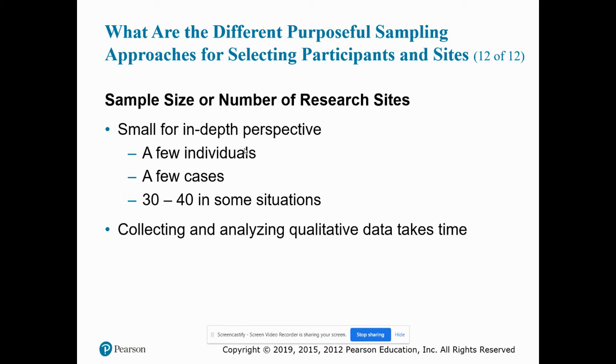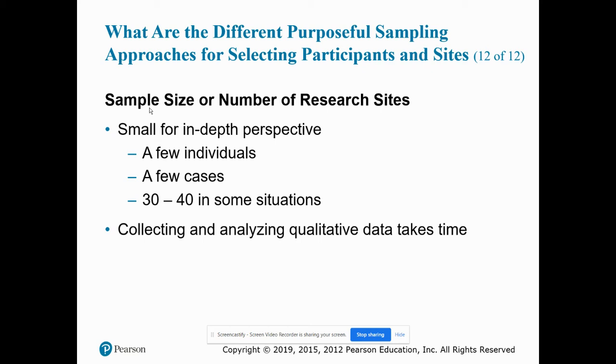Size or number of research sites. So now when you're trying to find research sites or a sample size, you're going to start with small for in-depth perspectives. It's just a few individuals, a few cases. You could have up to 30 to 40 in some situations.